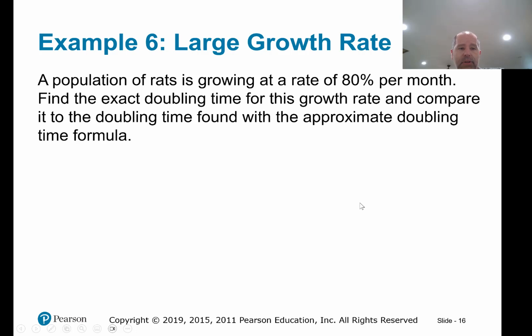So it says the population of rats is growing at a rate of 80% per year. Find the exact doubling time for the growth rate and then compare it to the doubling time found with the approximate time formula.